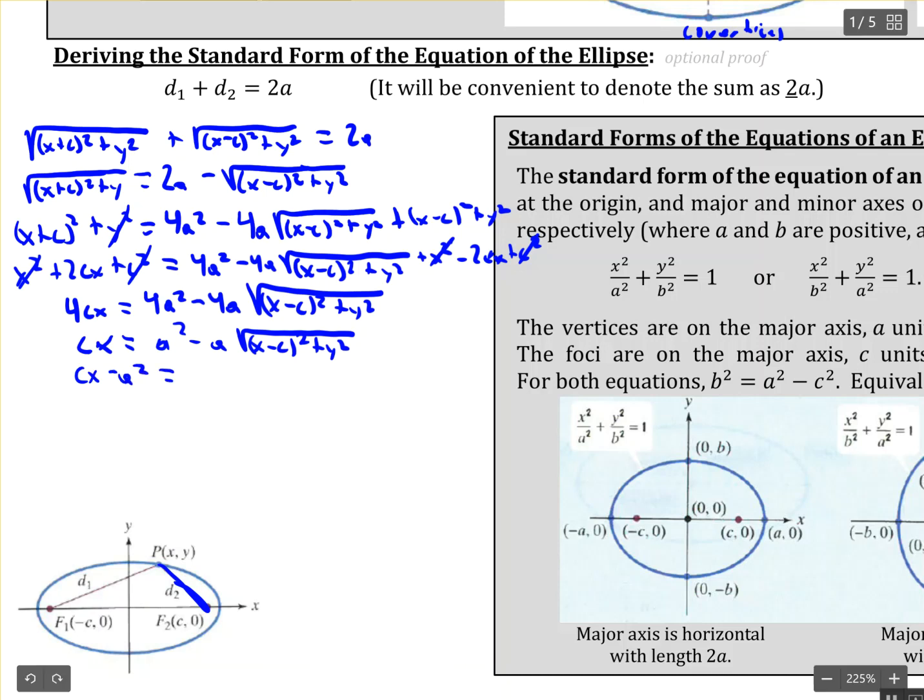So cx minus a squared equals negative a times the square root of (x minus c) squared plus y squared. Now let's square both sides again. So I get c squared x squared minus 2a squared cx plus a to the fourth equals a squared times all of this, (x minus c) squared plus y squared.